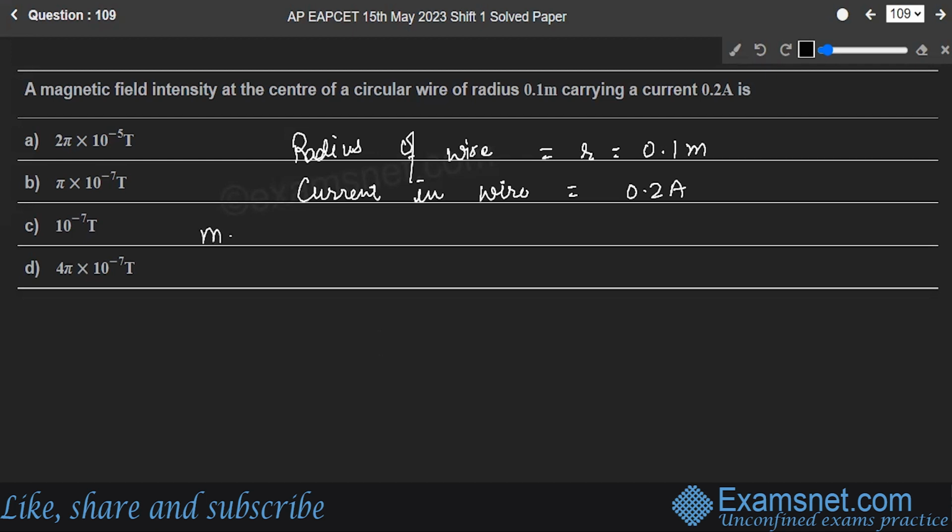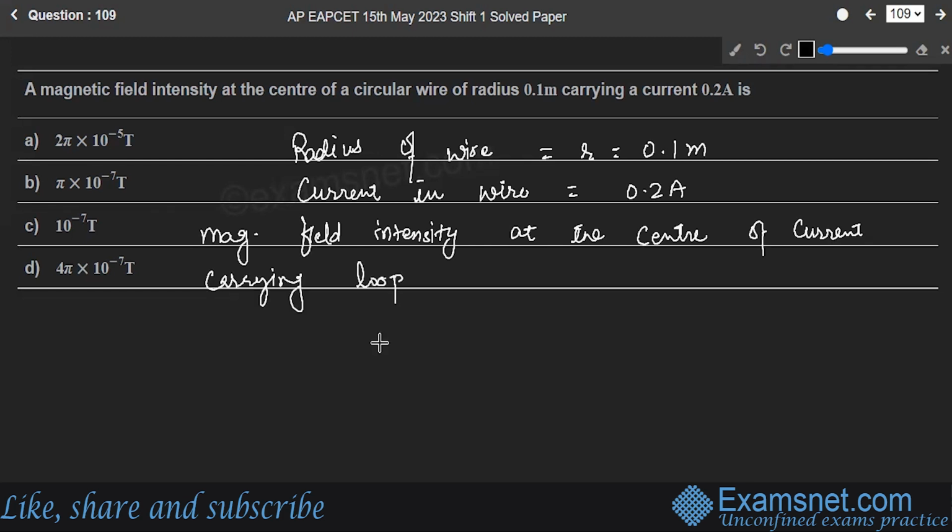The magnetic field intensity at the center of a current carrying loop is given by B is equal to this.